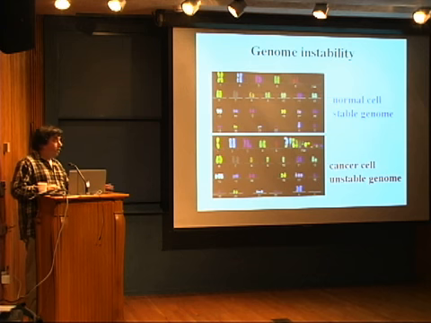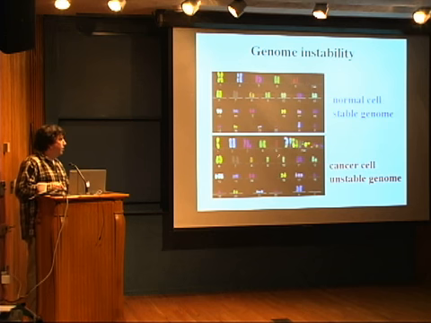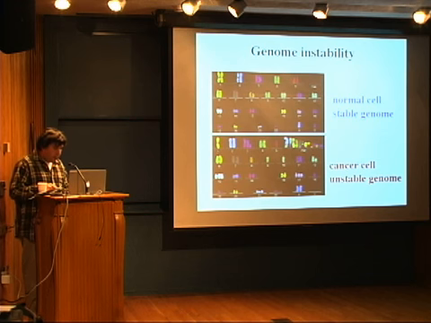Other chromosomes are completely missing. And importantly, you have a whole collection of oddballs here, which are the result of translocations between normal chromosomes to create aberrant chromosomes, if you will. This is what genome instability does at the chromosomal level, and the result is that cancer cells can form.